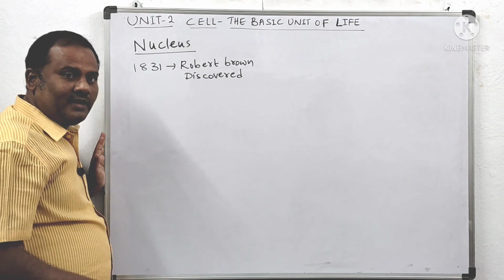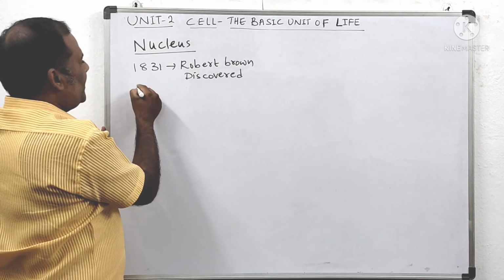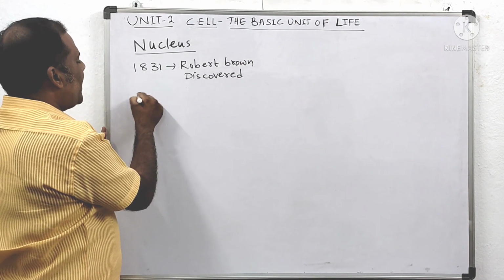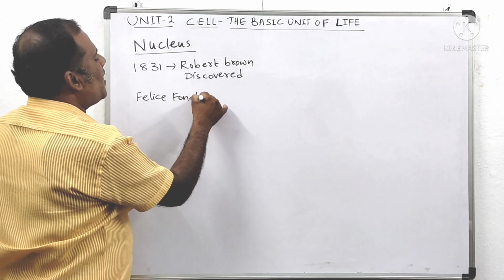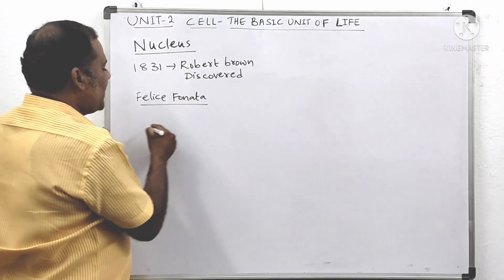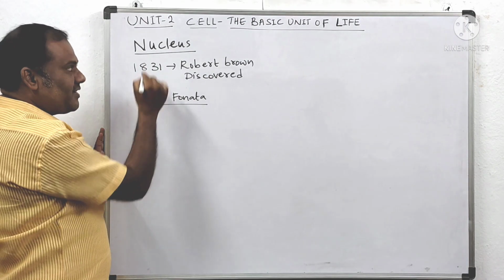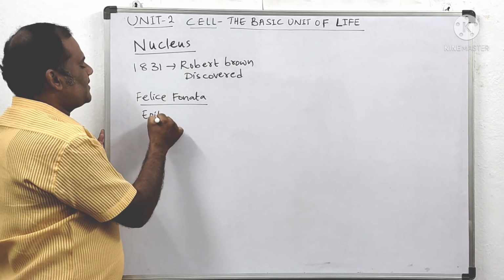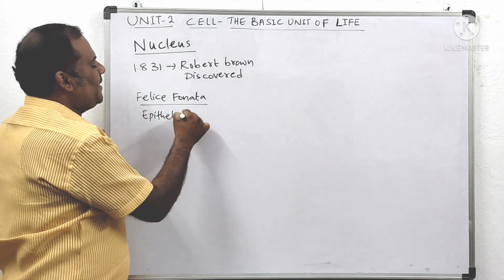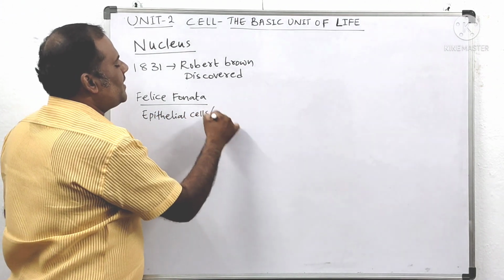But actually, it is believed that Felice Fontana and some other scientists had discovered the nucleus. First they observed the nucleus in the epithelial cells. What are these epithelial cells?